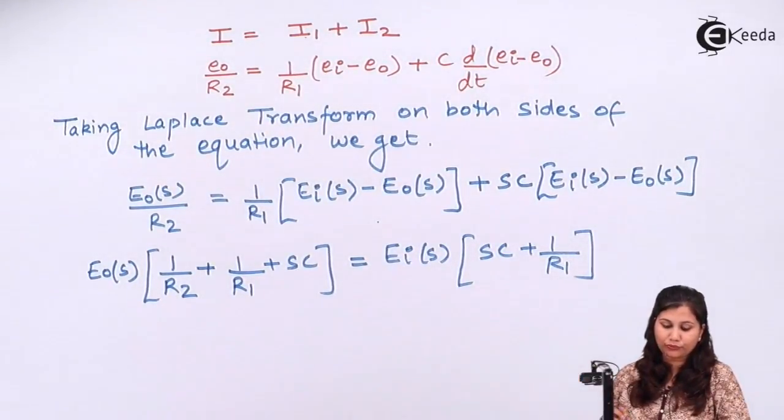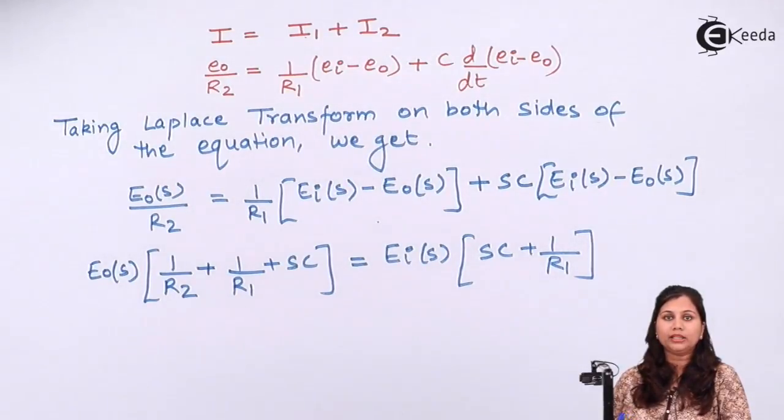Now we want to find the transfer function. The transfer function is the ratio of the Laplace transform of the output to the Laplace transform of the input. Here the output is the output voltage E0 and the input is the input voltage EI.